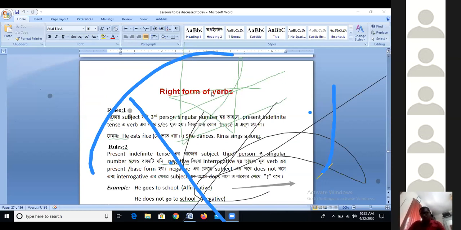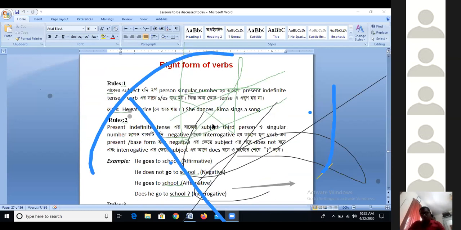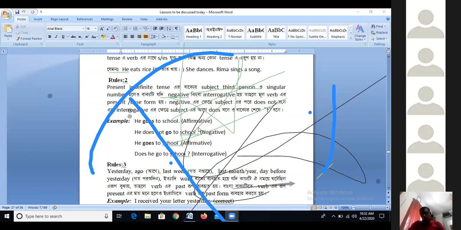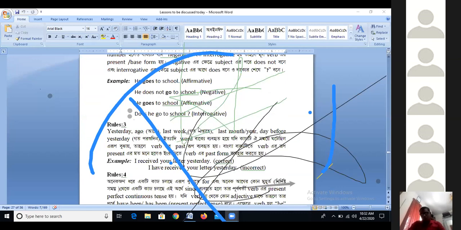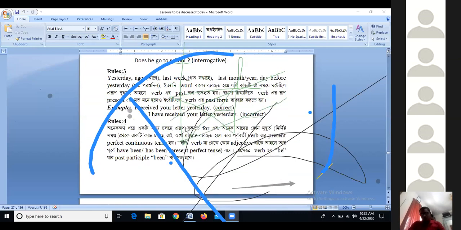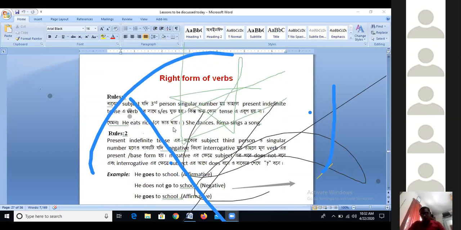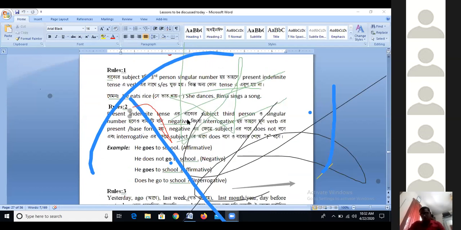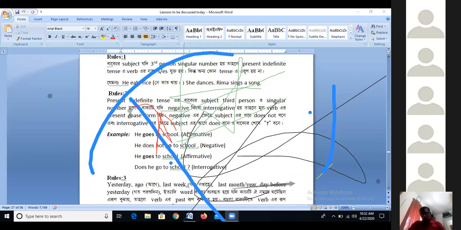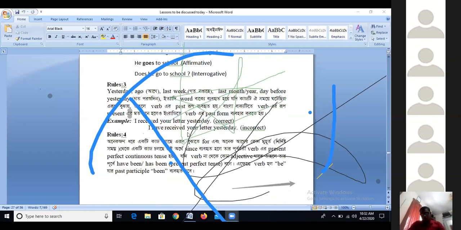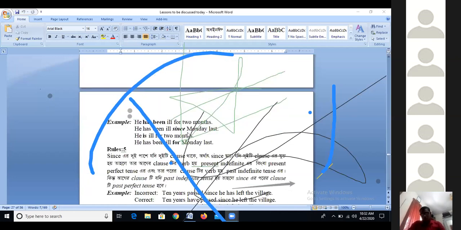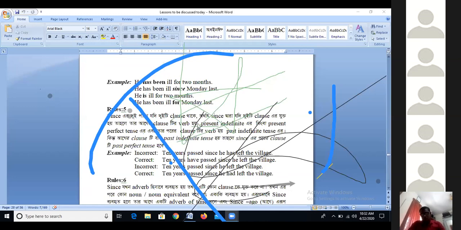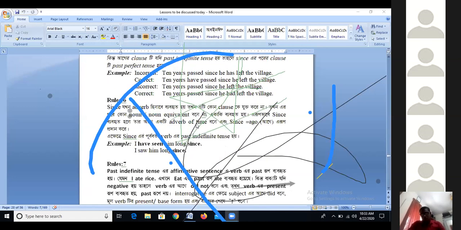In these sheets of paper, I have given you some 38 rules. And I think all these rules are sufficient for you. And if you read these rules, then you can easily solve the problems. But one thing that I will discuss now, especially sequence of tense and the passive form of the verb.